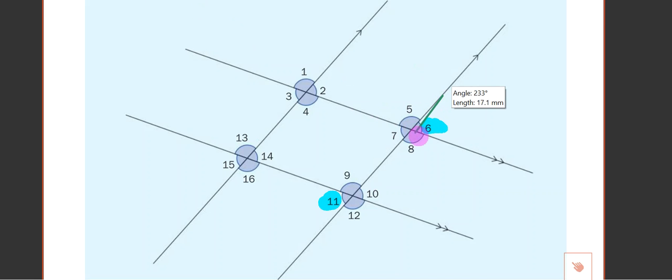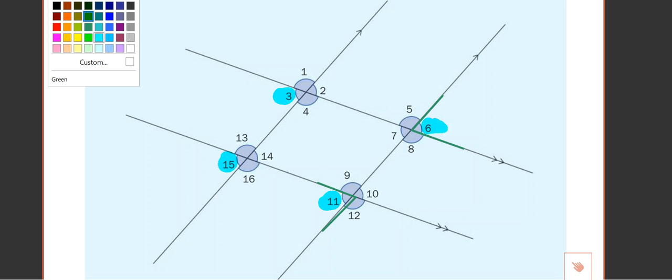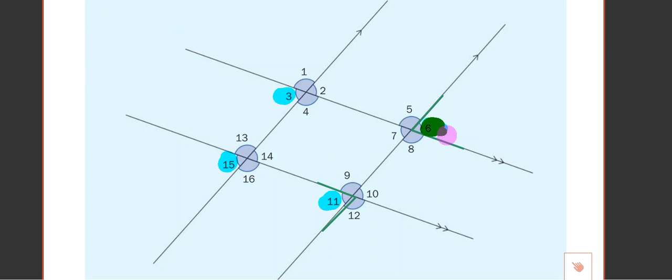Here's the one side of the Z. This would be the other side. So it is alternate, yeah? Any others that are alternate to 6? 15 and 3. They're the ones, yeah? Which ones would be corresponding to 6?